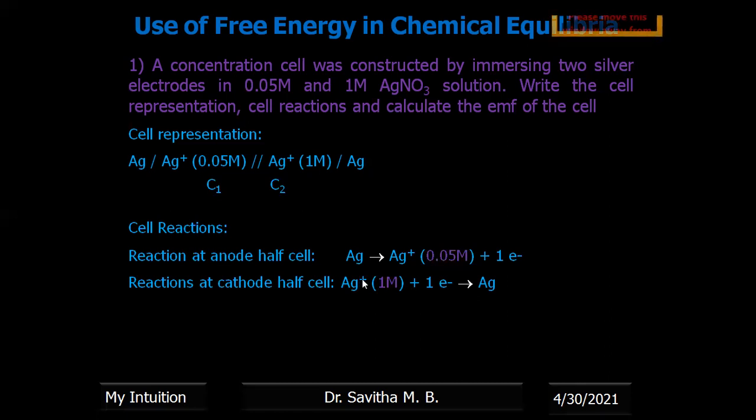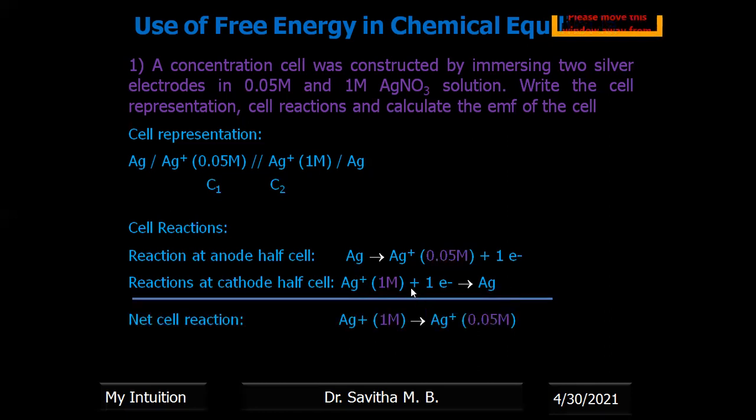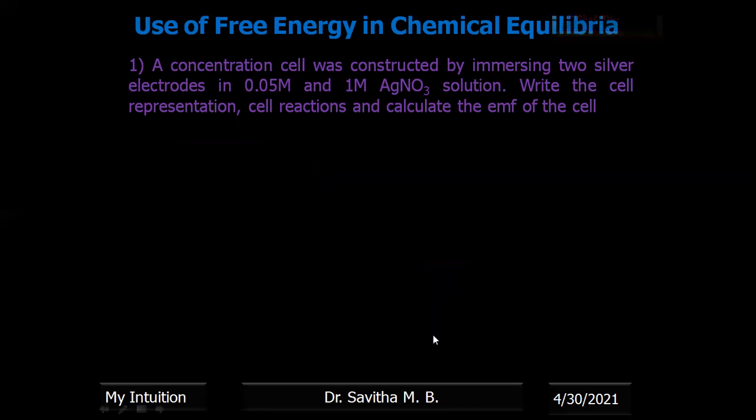Since there is +1, there is a need of 1 electron. That 1 electron is added, therefore it gets reduced to Ag. So the overall cell reaction is Ag plus of 1 molar getting converted into Ag plus of 0.05 molar, and the cell reaction will continue until the two concentrations become equal.